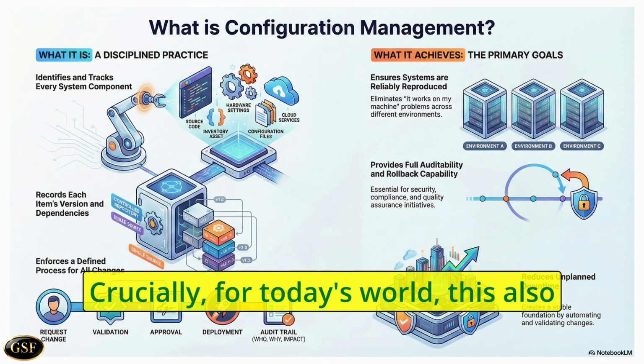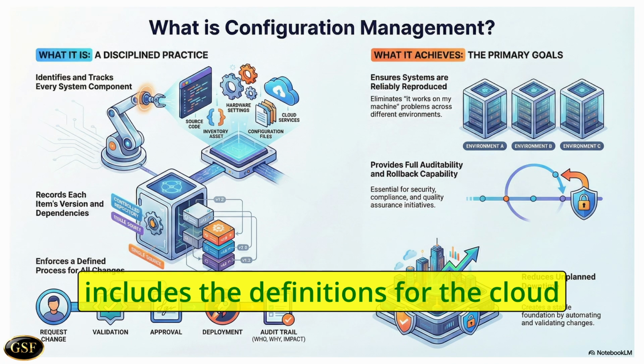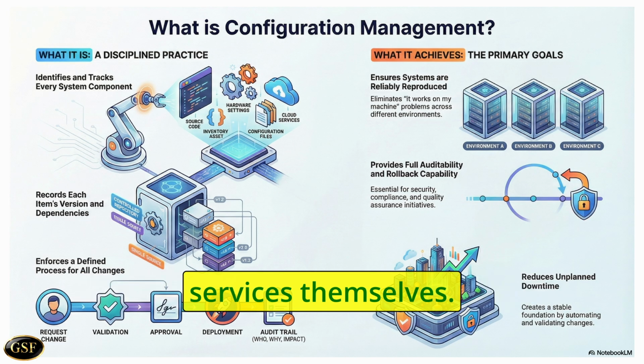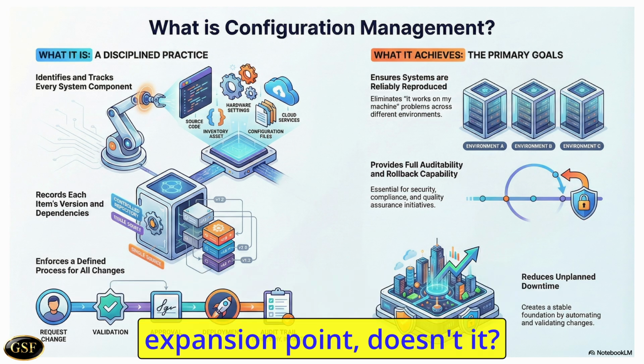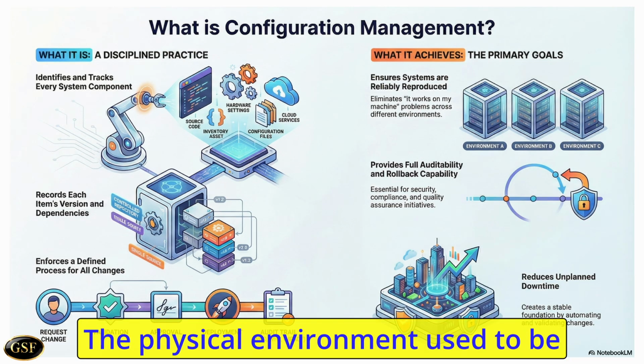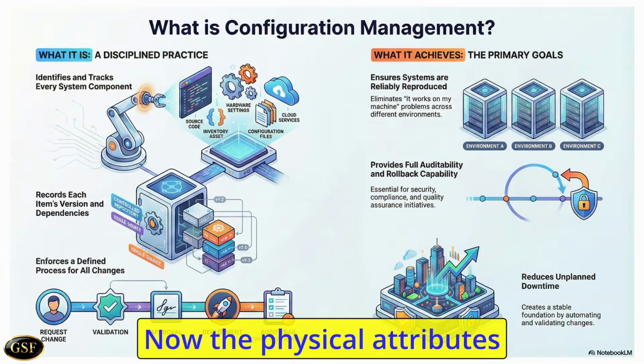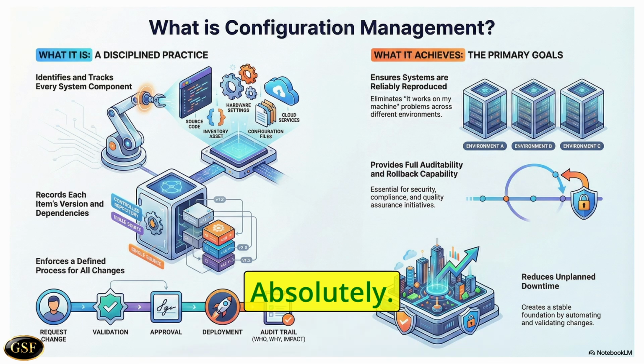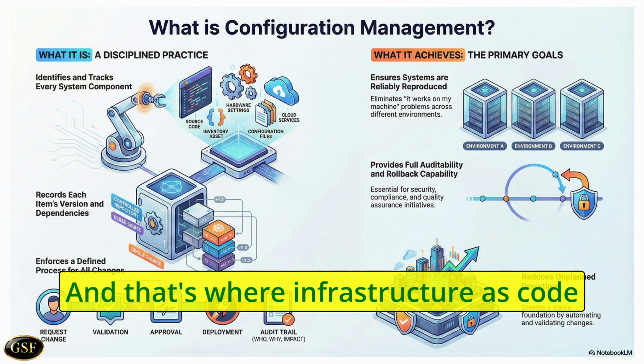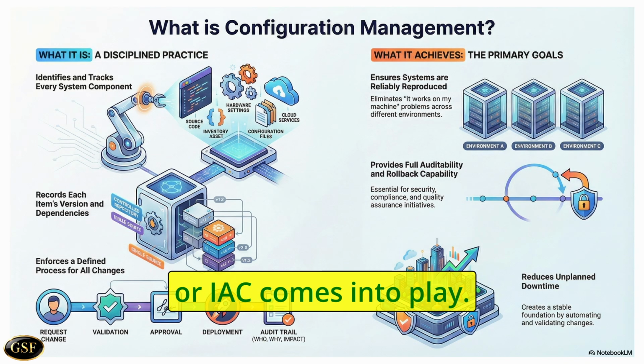And crucially, for today's world, this also includes the definitions for the cloud services themselves. That feels like the key expansion point. The physical environment used to be a rack of servers in a closet. Exactly. Now the physical attributes are literally defined in code. Absolutely. And that's where infrastructure as code, or IaC, comes into play.